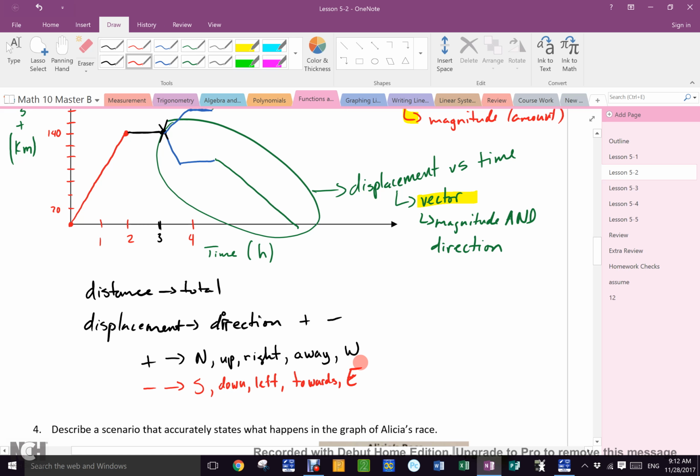From your perspective, how far did I displace myself? Now, 2 steps left. So is that positive or negative 2? Negative 2. Everybody with me? Okay. Now how far did I displace myself?